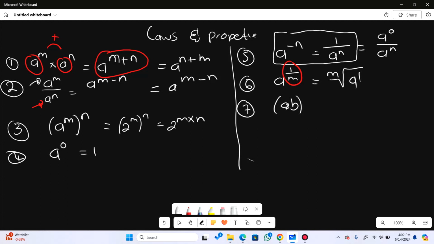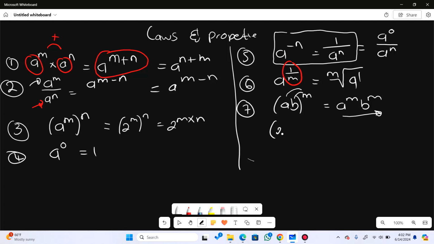If you have 2 bases raised to the power m, then the a will receive the m, and the b will also receive the m. Now I'll have a raised to the power m, and then b raised to the power m, right? So this again is also common and easy.